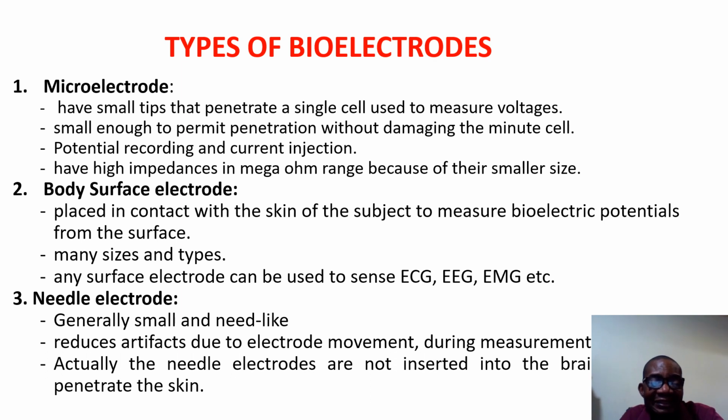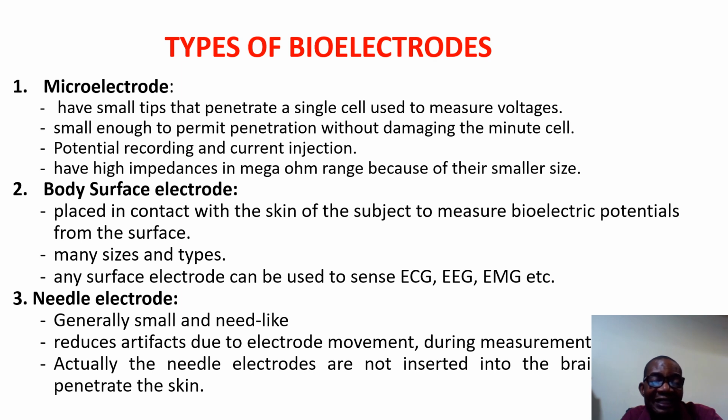They are typical examples of body surface electrodes because they are placed on the surface of the human body. When you go for an ECG test, usually the body surface electrodes are placed around the chest area in specific regions of the body. So they are on the surface of the skin. That is why we call them body surface.